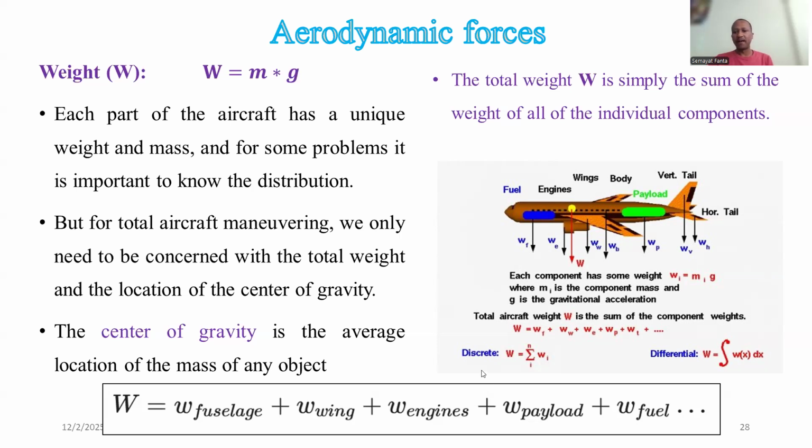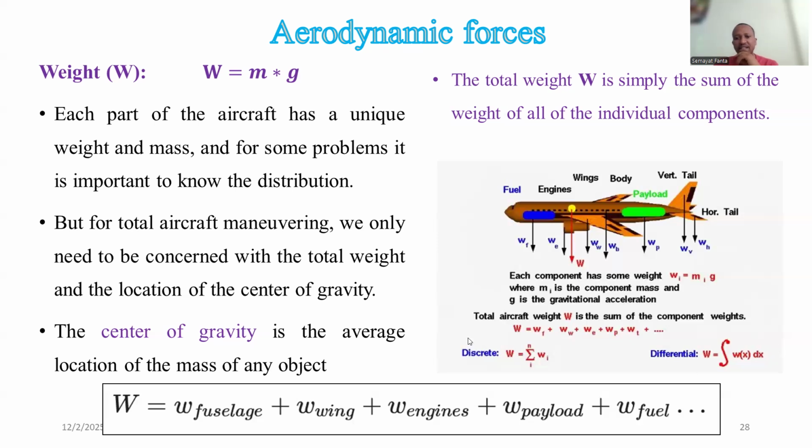So weight is equal to the summation of all weights, which in discrete form you can write using the summation symbol. If you want to show it in continuous form, you can use the integral form. The differential or integral form is for a continuous system.